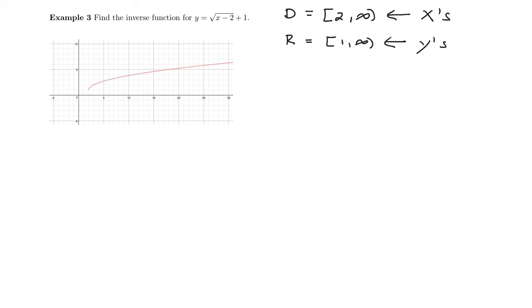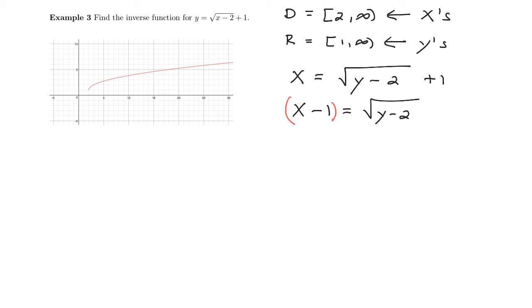I'm going to take my original function, I'm going to call that y an x, and the x a y, and note that this thing is my inverse. The only difference is I'm going to solve it for y. I'll do that by subtracting 1 from both sides. And the second to last step being, I'm going to square both sides.